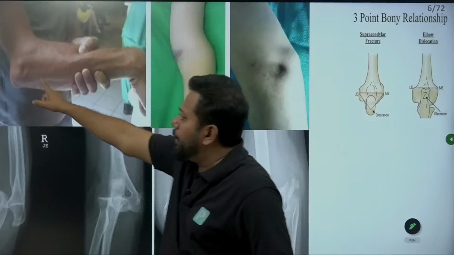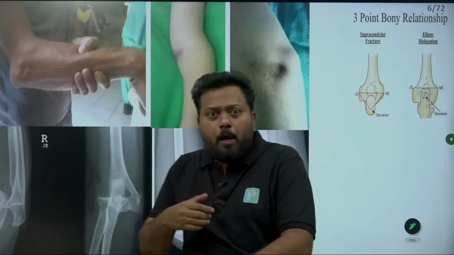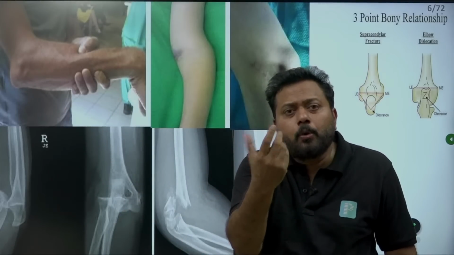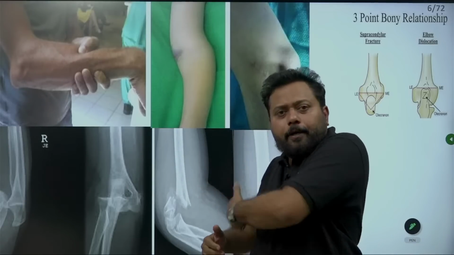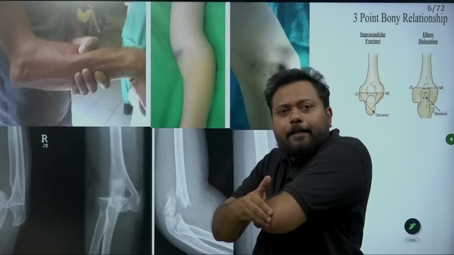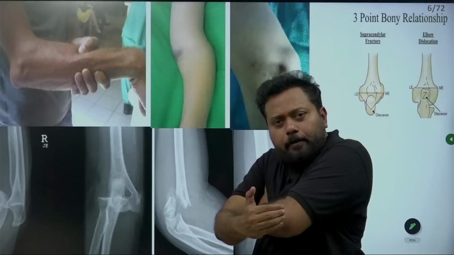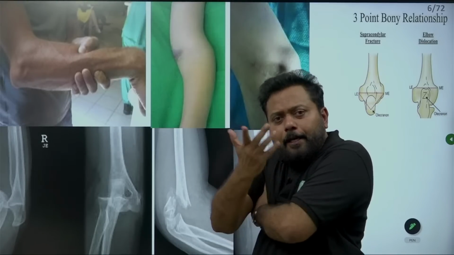When you see here, this is the triceps tendon. When the olecranon is pushed posteriorly, the triceps tendon gets loosened. When I flex my elbow, it's very tight. If posterior dislocation happens, my olecranon will come here, so the lower portion of the triceps will become loose like a bowstring.